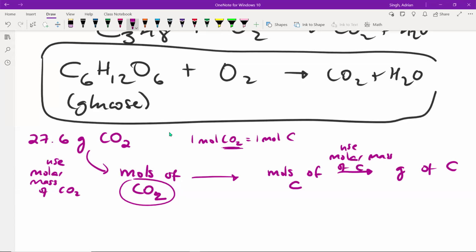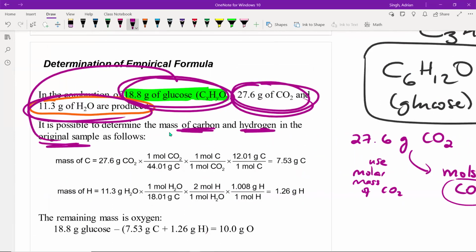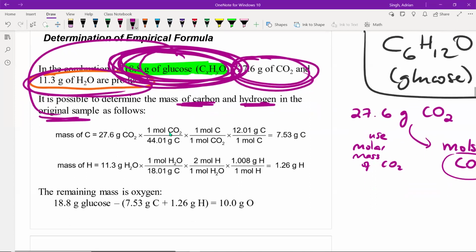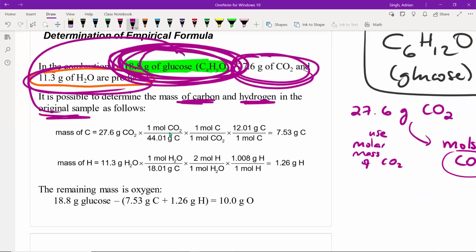And where would that carbon come from? The carbon has no place to come from other than the sample that I used, which was the sample of glucose. So I can determine how much carbon was in that glucose to begin with. I can do the same thing for the hydrogen. If hydrogen is in this glucose and I subject it to combustion, the only product that I'm going to get that has hydrogen in it is the water.